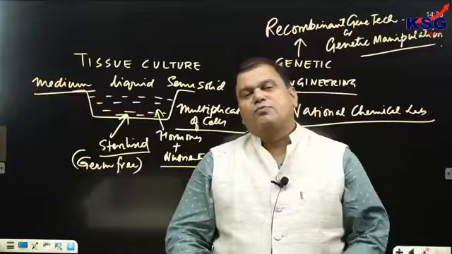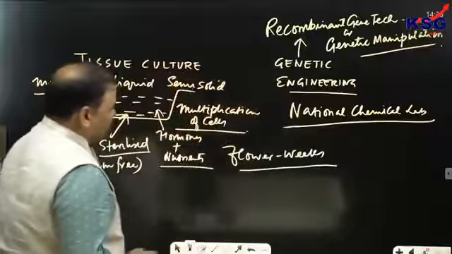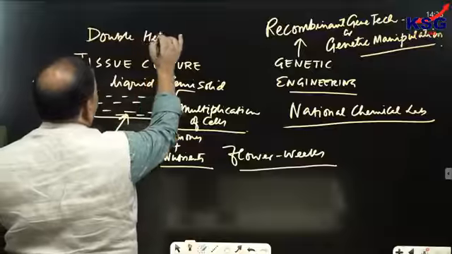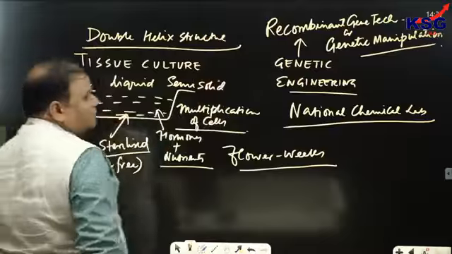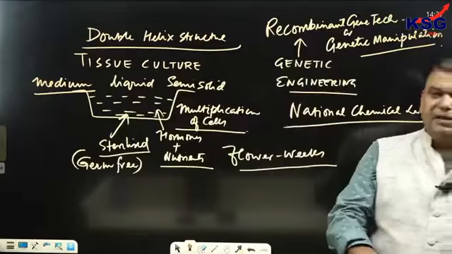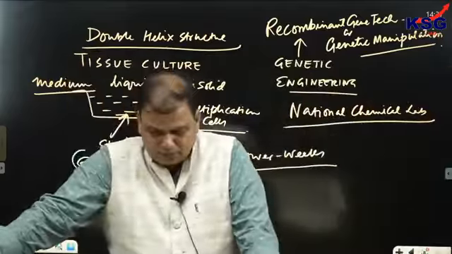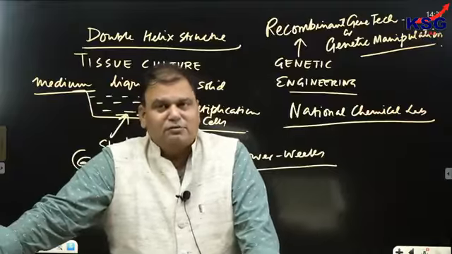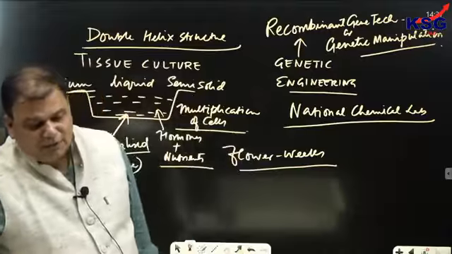After the double helix structure was given, it became possible to change the genetic makeup of organisms.